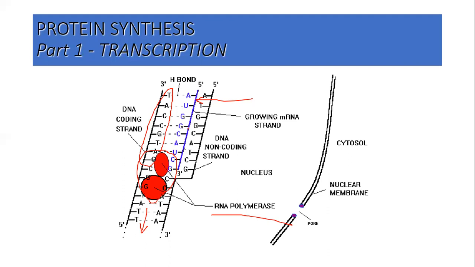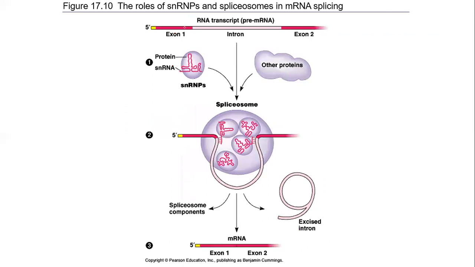Now, that messenger RNA is going to peel off of here when it's finished, and it's going to come out into the nucleus out here. This is the nucleus of the cell here. Inside the nucleus, the RNA is going to be modified. The messenger RNA consists of what they call exons and introns.